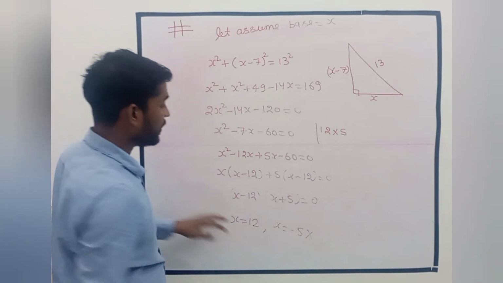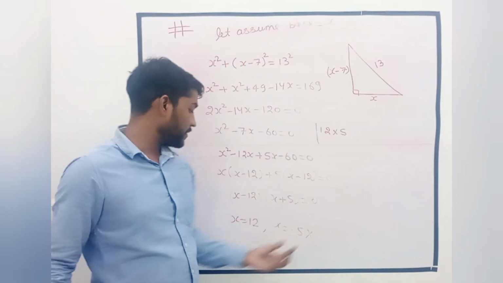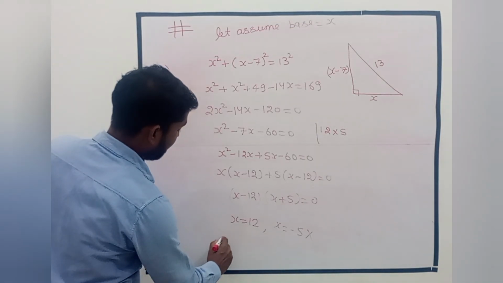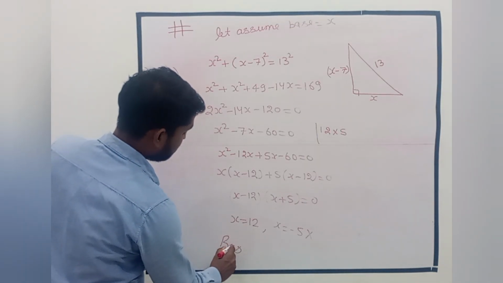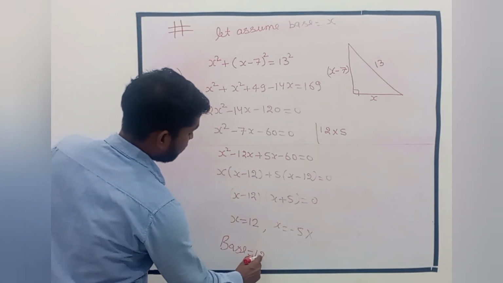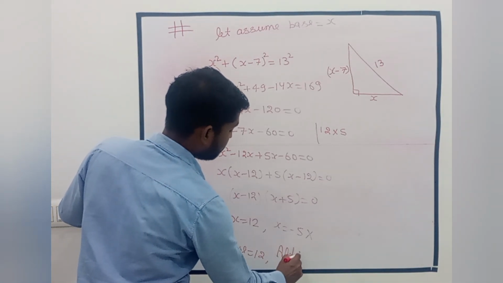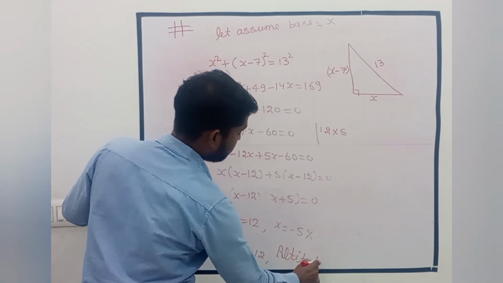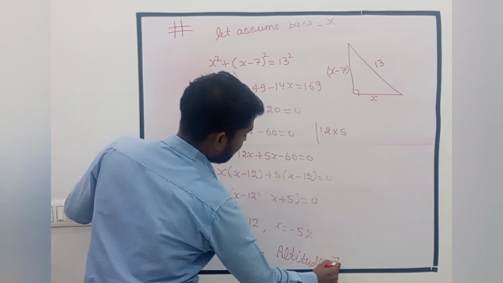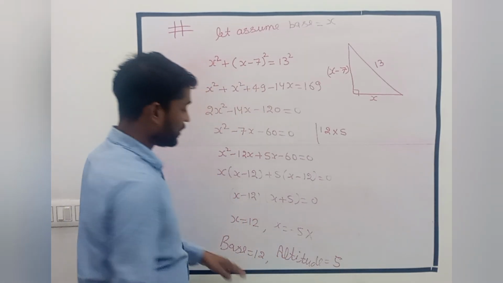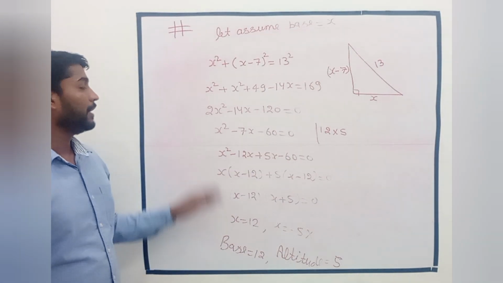This will not be considered because the length should be positive, and therefore the base is 12 and the altitude is 5, because it is 7 less than its base, and this is the solution.